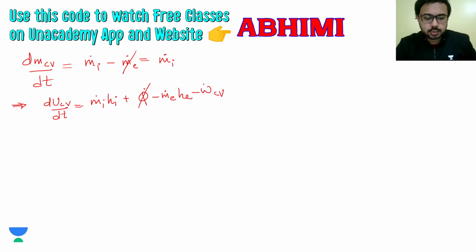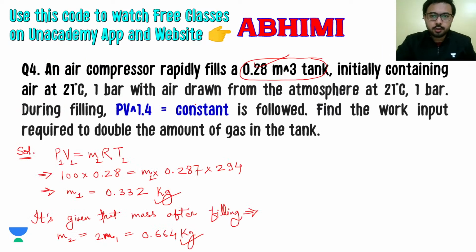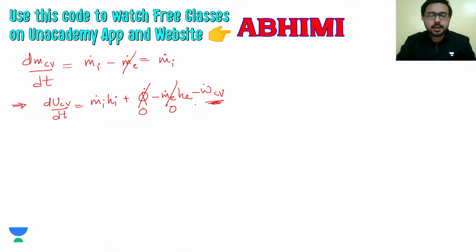Since heat is not given in the question, it will be 0. The exit term is 0, as we already said there is no mass exiting the system. And this work we have to find; the minus sign is there because we are using a compressor, so it should be obvious that the work control volume is in the form shown in the equation.